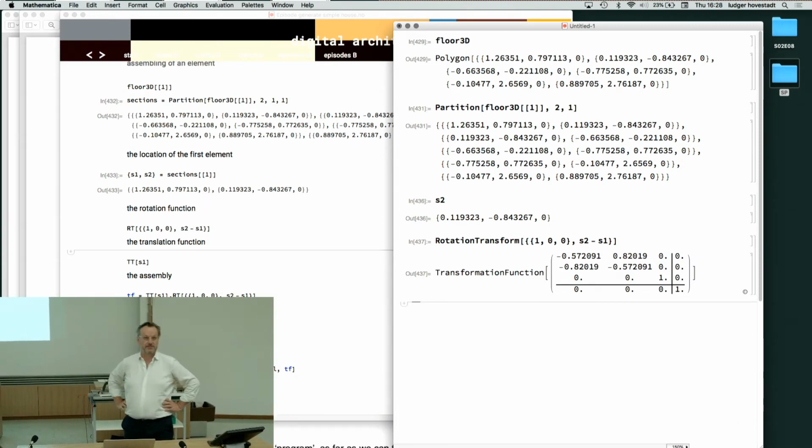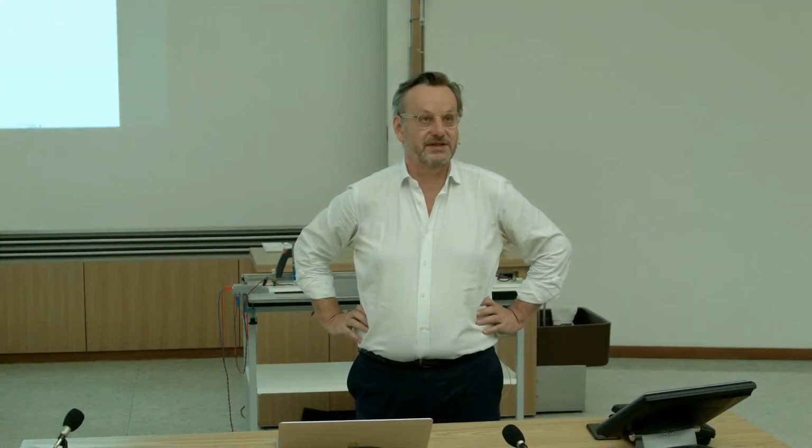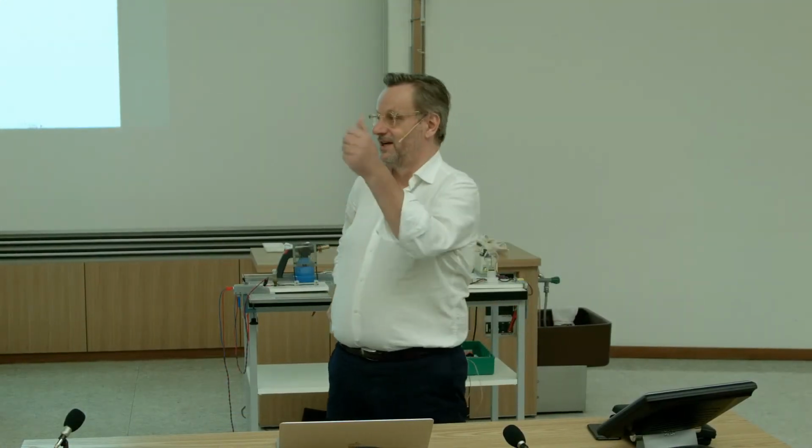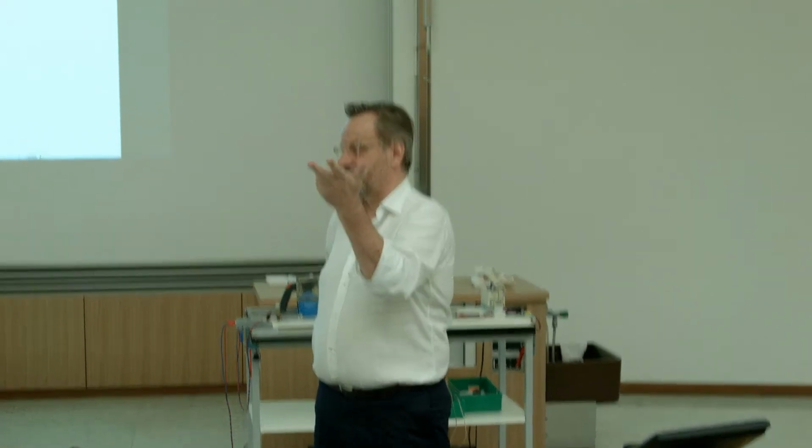You can look it up, look what it is good for. This simply says how to translate, rotate, and scale in one mechanism. And these numbers represent a certain rotation.